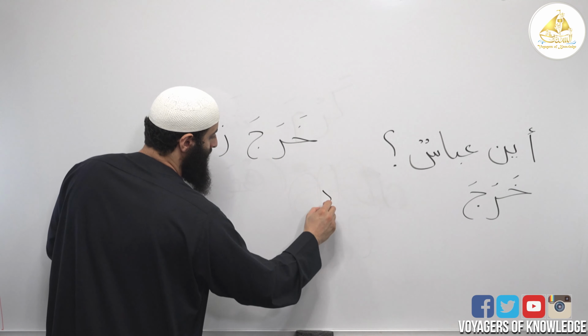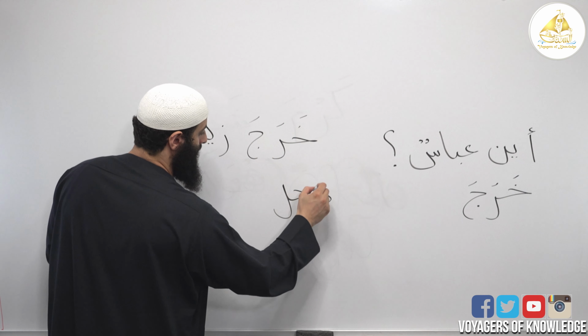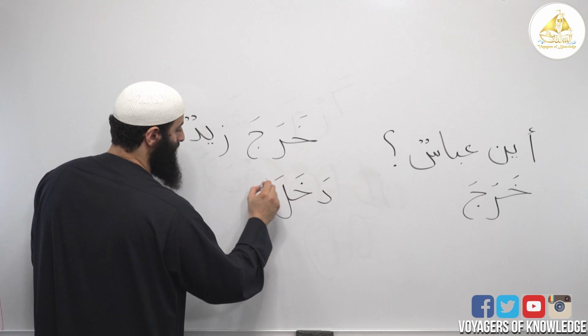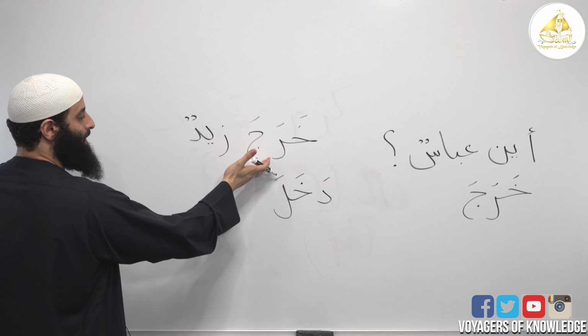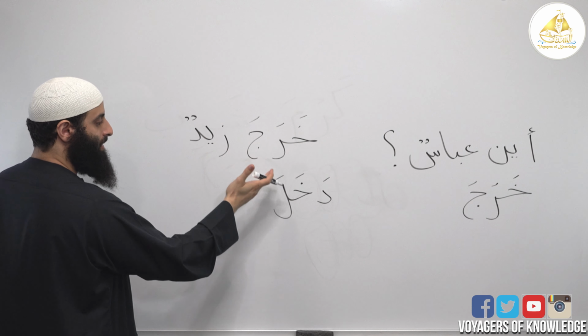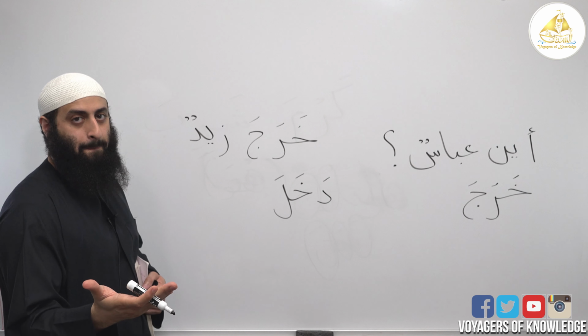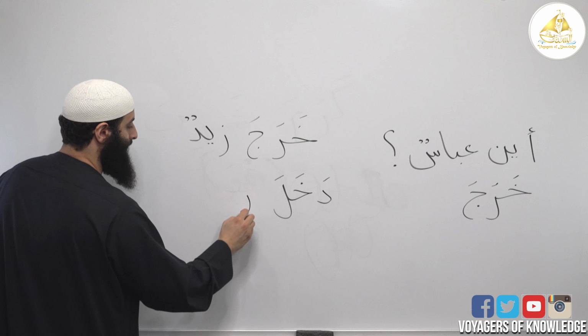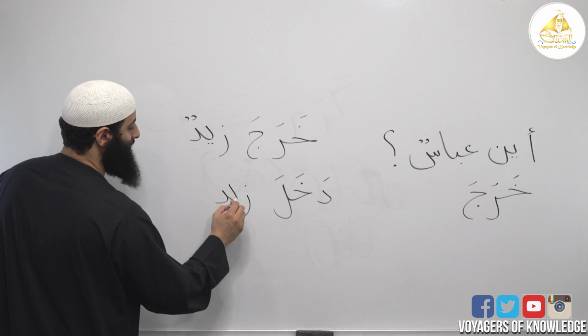And here's the opposite of kharaja. Dakhala. If this means he exited or he left, dakhala means he entered. Dakhala Zaydun.